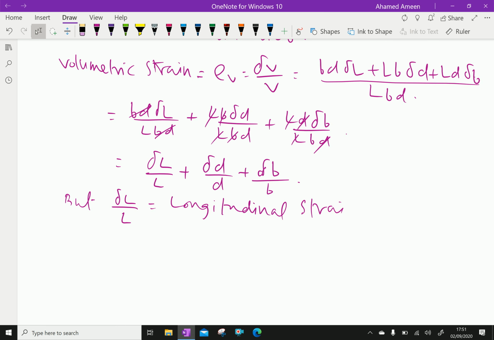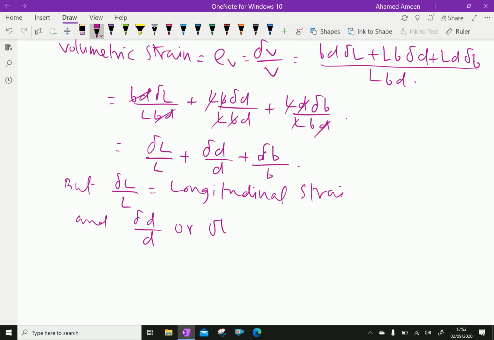And delta D by D or delta B by B is lateral strain.